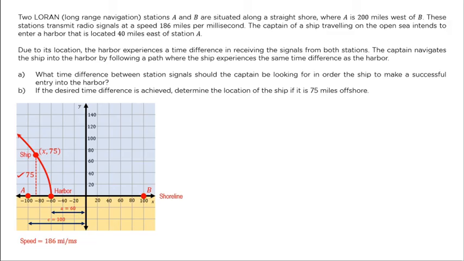Okay, since the center is at the origin, we will now have the form of the standard equation, which is x squared over a squared minus y squared over b squared equal to 1, since the hyperbola is horizontal. Okay? We already have a equal to 60, so we need to solve for b squared. And since we already have c equal to 100, b squared now is equal to c squared minus a squared. And that will be 100 squared minus 60 squared.